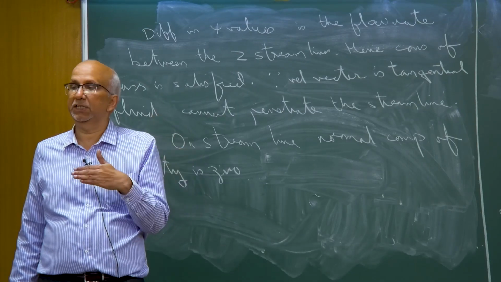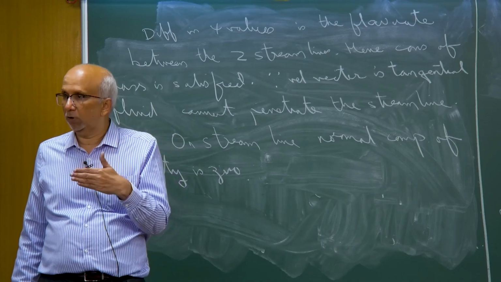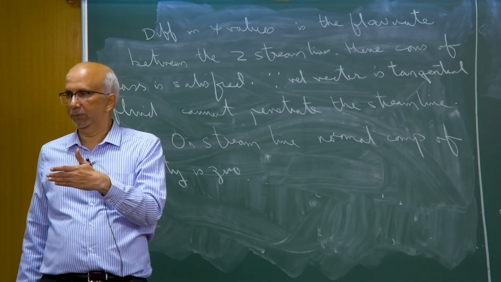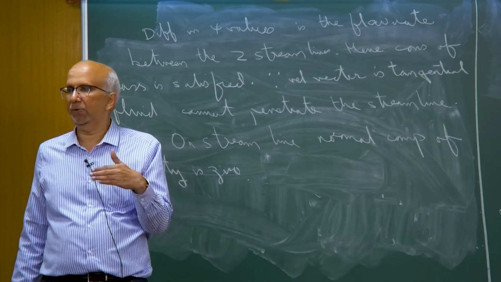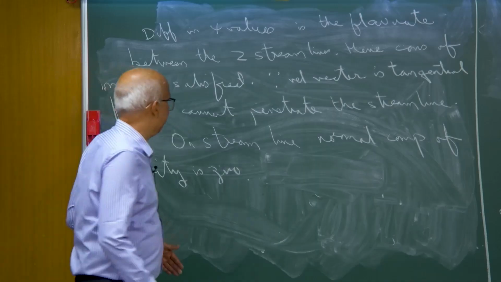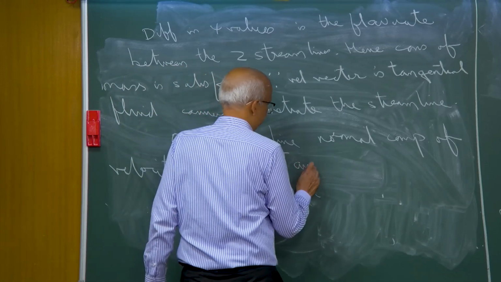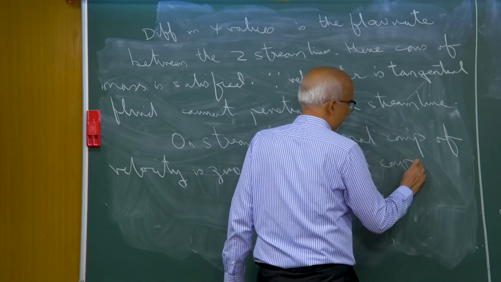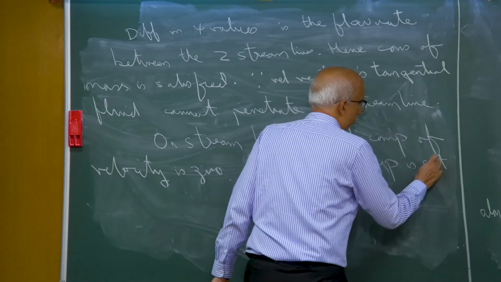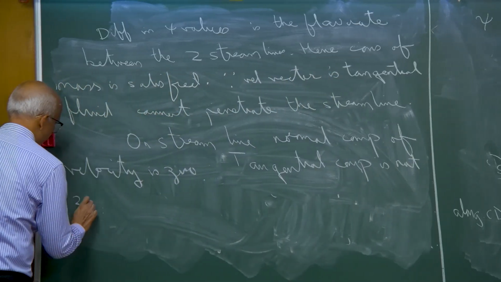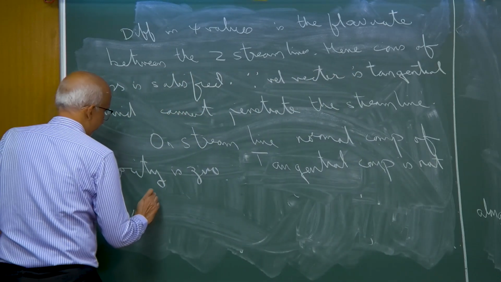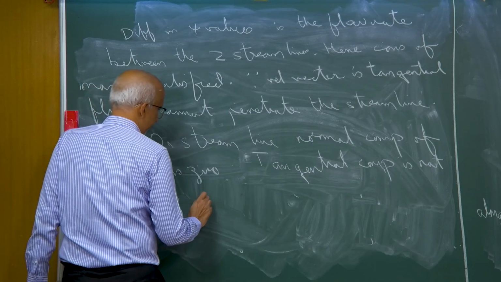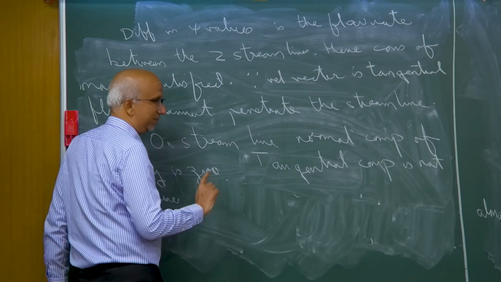But there is a tangent, but it is not behaving like a wall. If it behaves like a wall, what does it mean? The tangential component will also be 0. So, this tangential component is not 0, okay. So, a tangential component is not 0, hence it only partially behaves like a rigid wall.